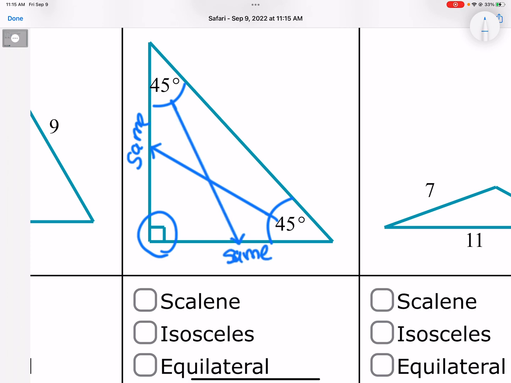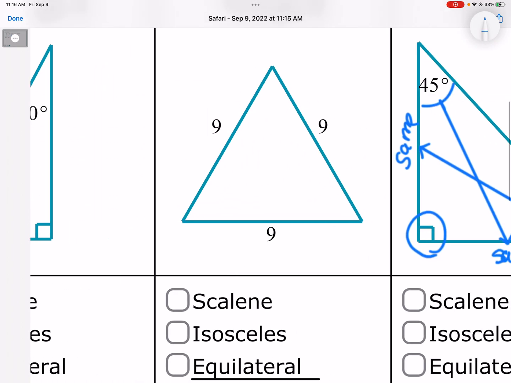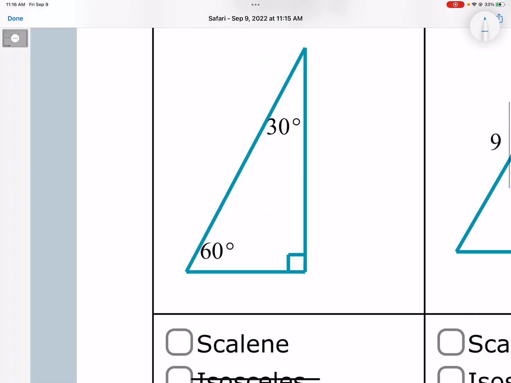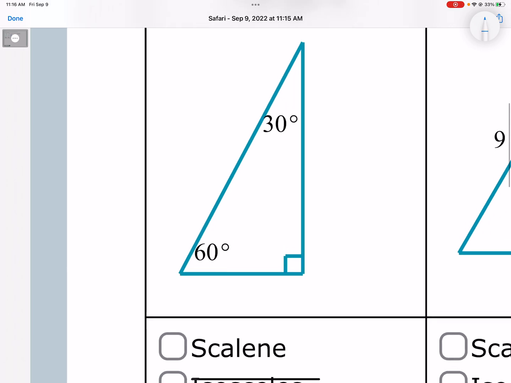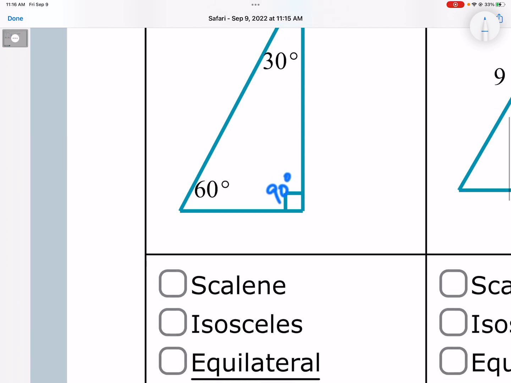In an isosceles triangle, you have two sides that are the same size and two angles that are the same size as well. So in this one here, this is 30, 60, 90 degrees, and it is scalene though, because there's none that are the same. It's a right scalene triangle.